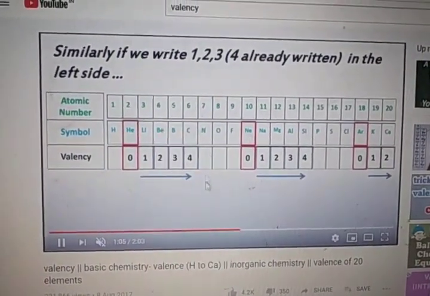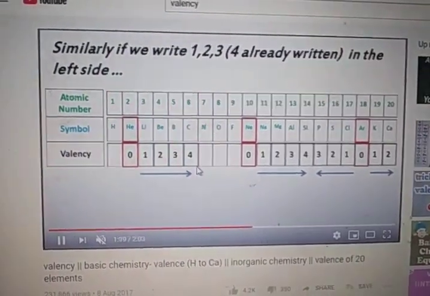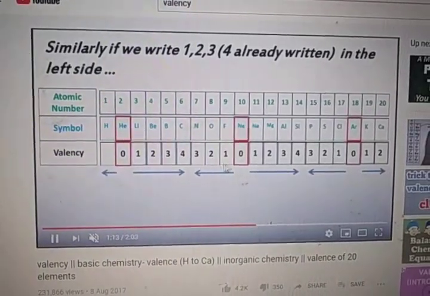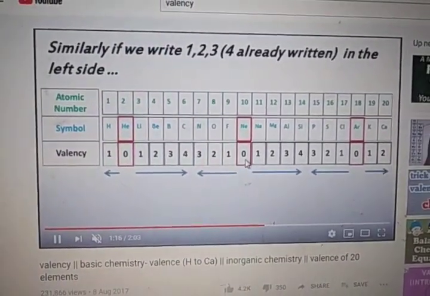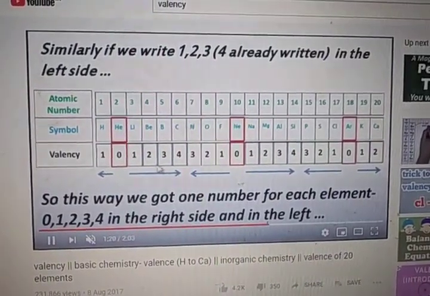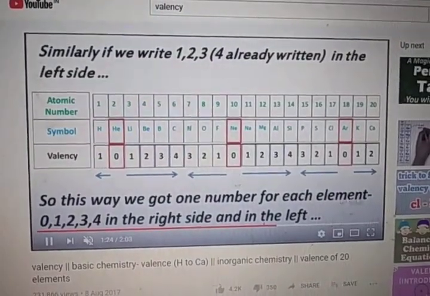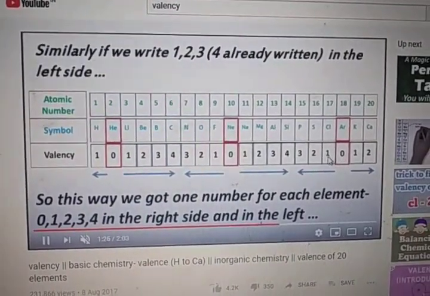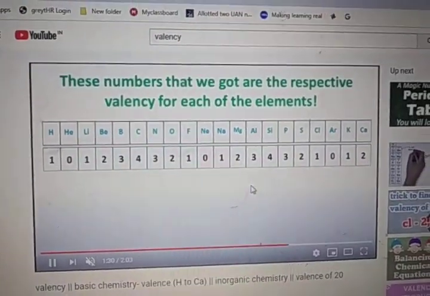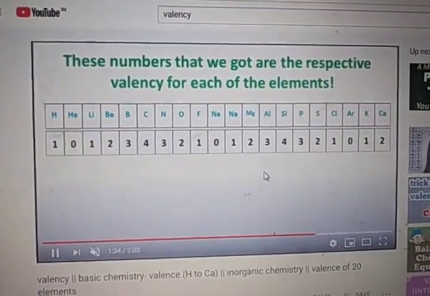Up till 4 we write in the same order. After 4 you will write in decreasing order, or you can say from this 0 you will start writing 1, 2, 3. Similarly, from this 0 we have written 1 here. From this 0, 1, 2, 3 and 4 is already there. So this is how you can remember the valencies of different elements.